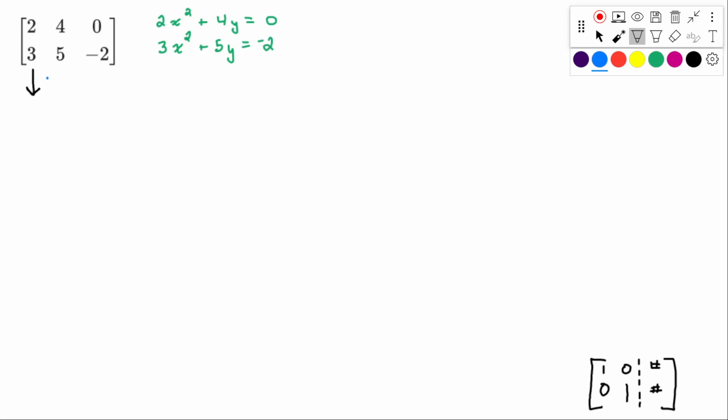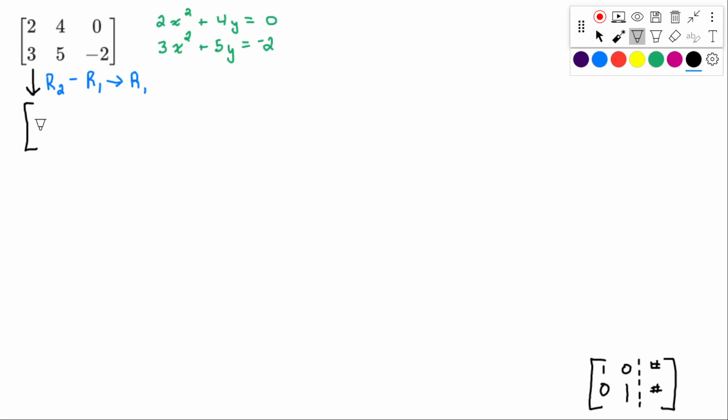So I said I'm going to take row 2, that's the bottom row, subtract the values from row 1, but the result of that is going to go into the row 1 position. So we're going to change the values in row 1 and only row 1, but what we're going to do is take these values in row 2 and subtract row 1 to get our first 1 in our matrix.